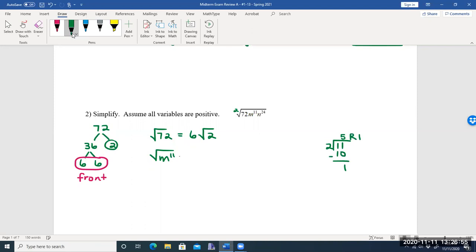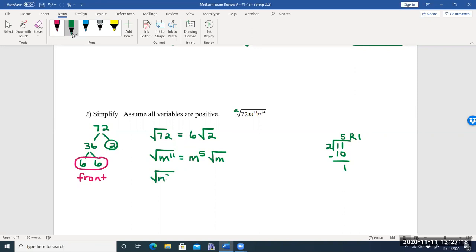What that means is that you can bring 5 m's in front and you would have a single m left underneath. So the 5 is the exponent on your variable in front, and your remainder is what stays under the square root.